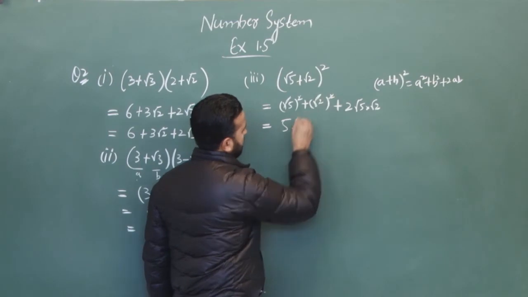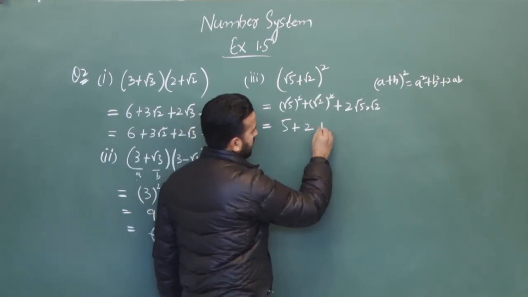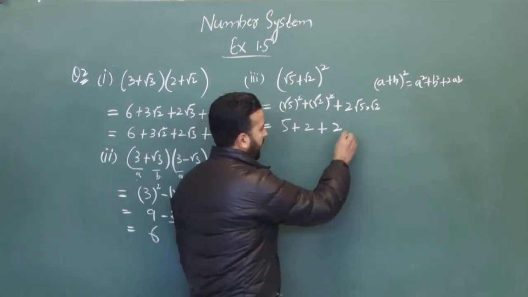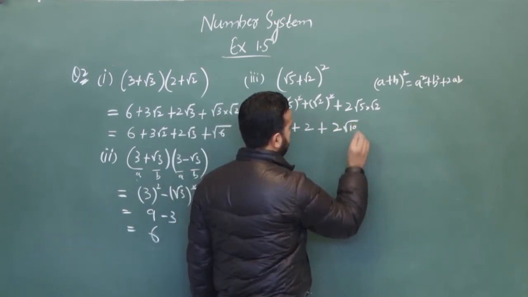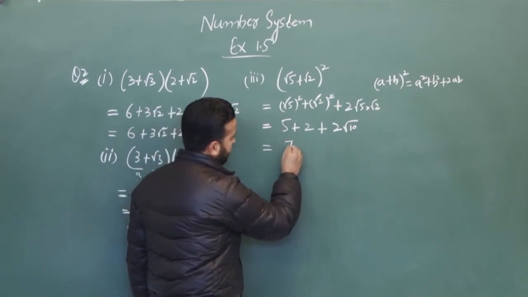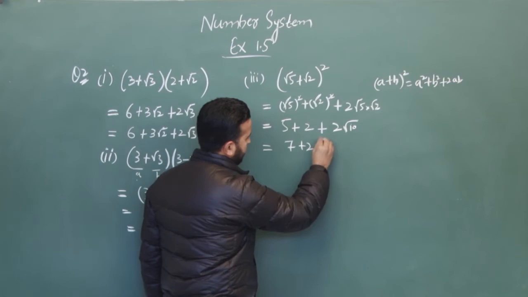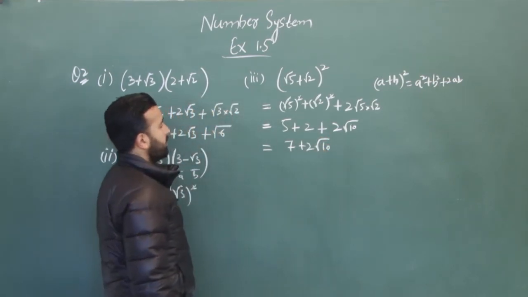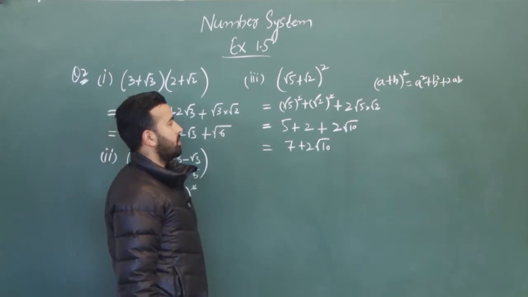Again here it will be 2, and we multiply these two radicands, and the result will be 10. Then 5 plus 2, after addition, will be 7, and 2 root 10 stays as it is. This is the result of the given expression, under root 5 plus under root 2.